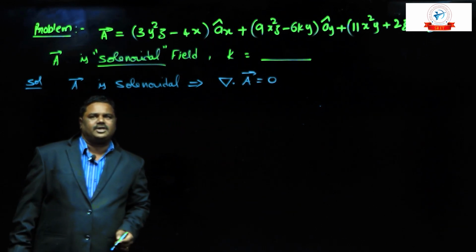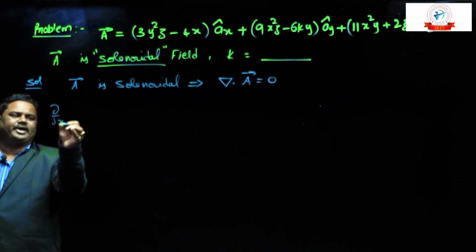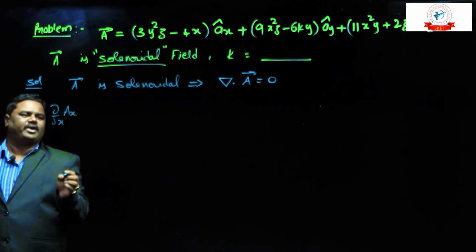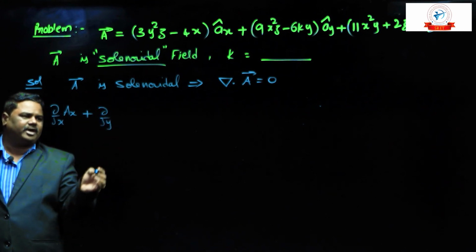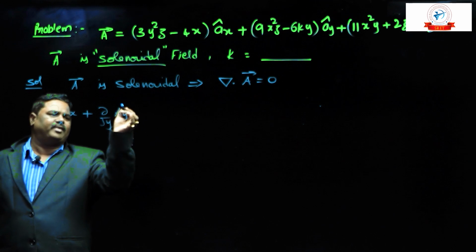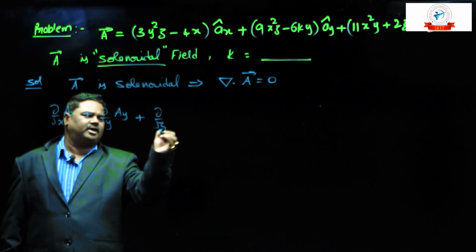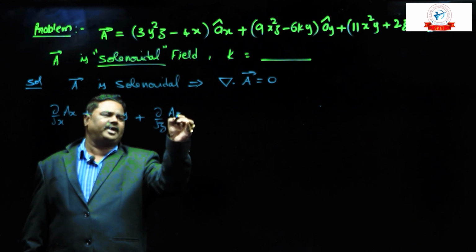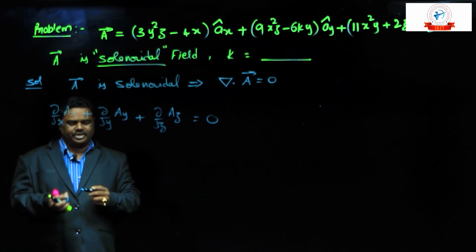The formula for divergence of A bar is dou by dou x of the x component Ax, plus dou by dou y of the y component Ay, plus dou by dou z of the z component Az. This is the divergence of A bar, which is equal to 0.